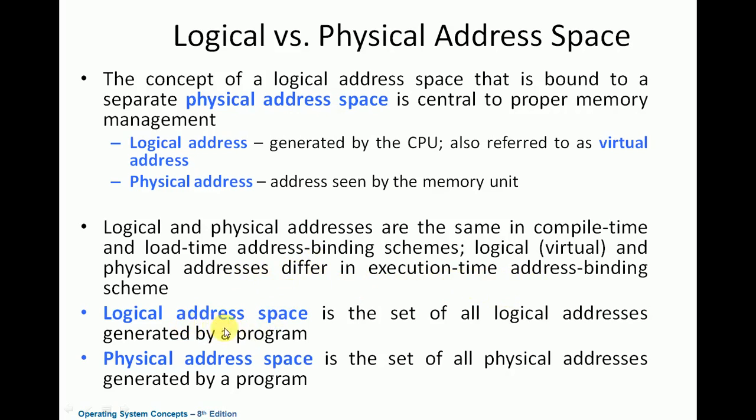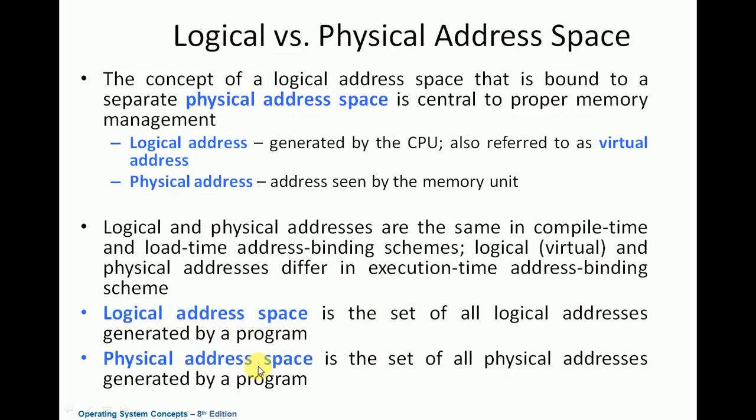Now the logical address space is the set of all logical addresses generated by the program. This usually happens at compilation time. The compiler generates the addresses used by the CPU to access the instructions from the memory. These are called logical addresses.